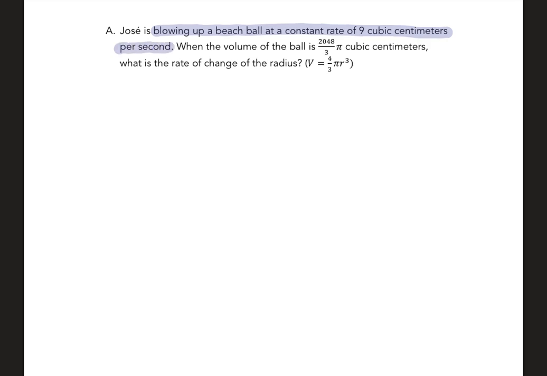So that gets directly translated into, the beach ball is increasing at 9 cubic centimeters per second. Cubic centimeters is volume, so volume is changing per second, and that's changing with time. So that's dV/dt, and that's 9.